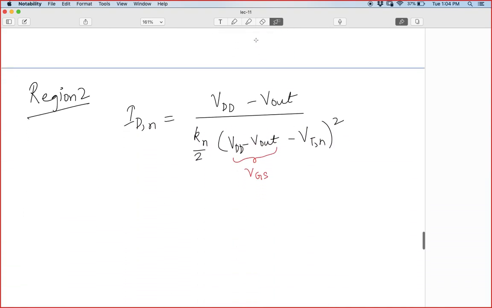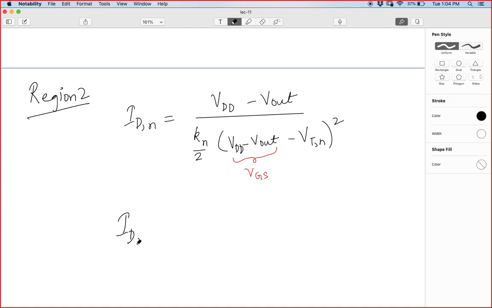So if I write the linear region equation, IDP is nothing but, we know that VDD minus Vout is common here, and it is Kp. What is the linear region equation for the PMOS?